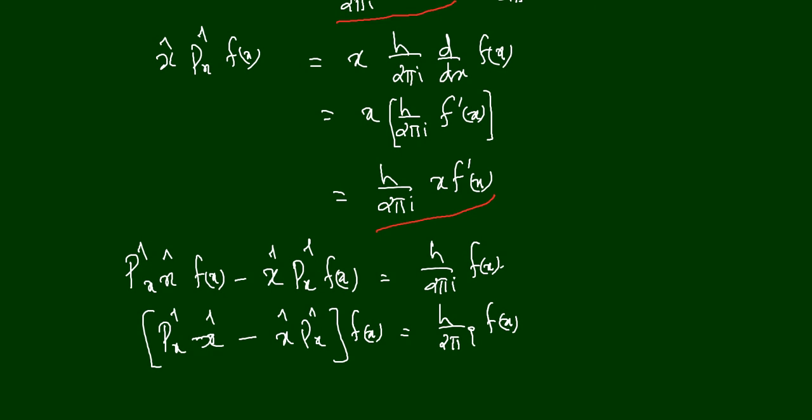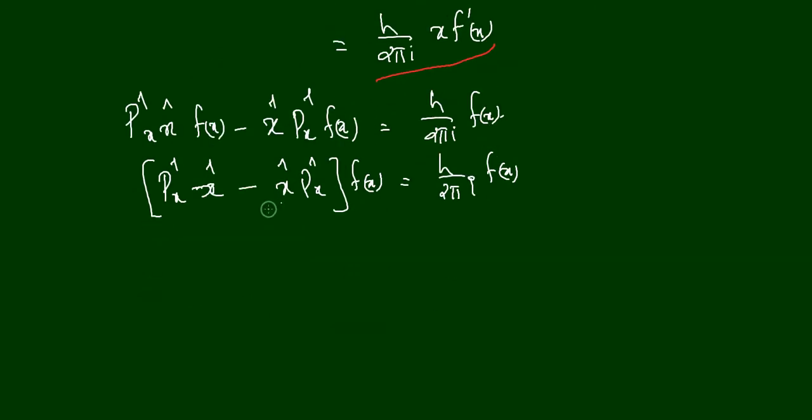Okay, so we can write what is inside the bracket. p x cap x cap minus x cap p x cap is equal to h by 2 pi i, because this operating on f(x) is equal to h by 2 pi i operating on f(x). We can interpret it like that.